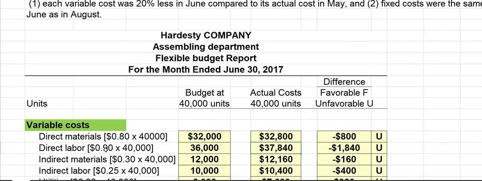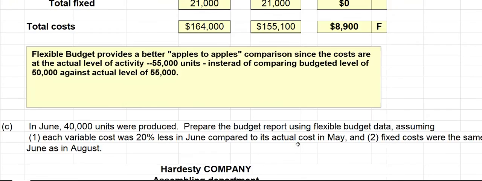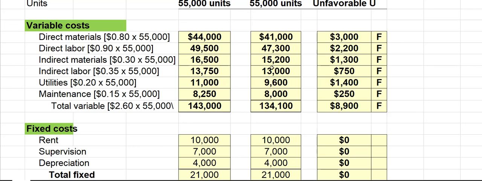You do the same thing for direct labor. You take the unit cost of 90 cents, multiply by 40,000 units, you get 36,000. For the actual direct labor, you would take the amount for the month of May and multiply that by 0.80.